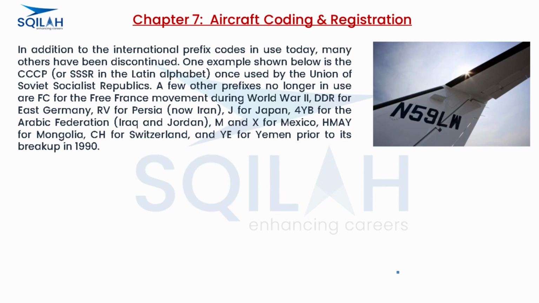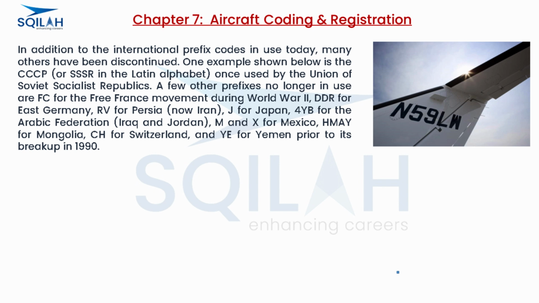In addition to the international prefix codes in use today, many others have been discontinued. One example shown below is the CCCP, or SSSR in the Latin alphabet, once used by the Union of Soviet Socialist Republics.